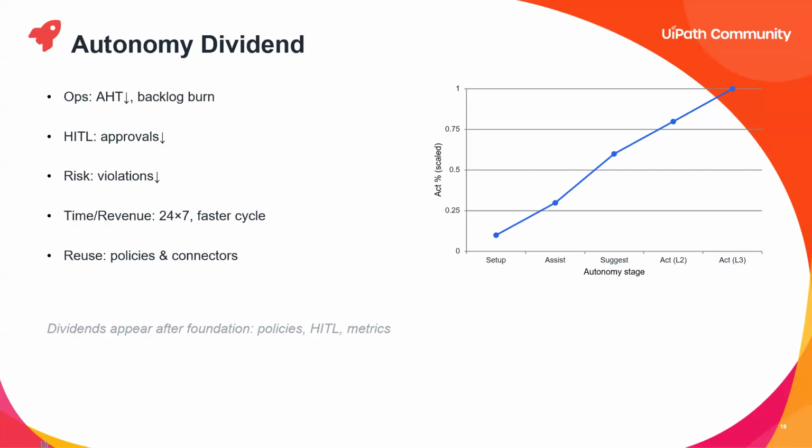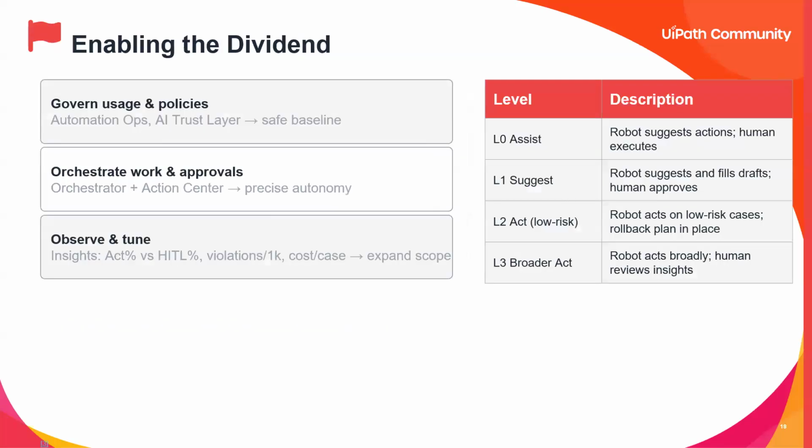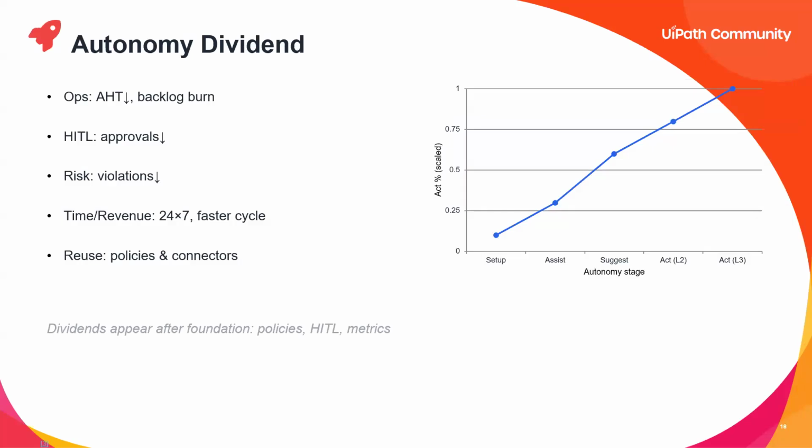And unlike humans, agents work 24/7, which can drive faster cycles and can give accelerated time to revenue. And the policies and the connectors we build can be reused across different processes or different scenarios or in future, which will amplify our return.